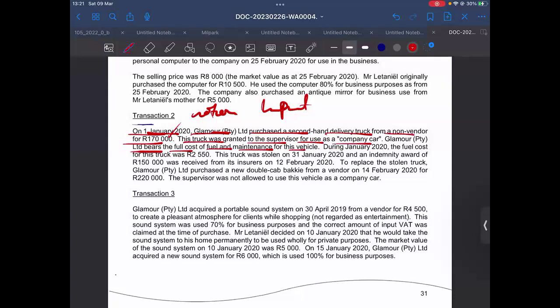What is it? They purchased the second-hand car and they gave it to the supervisor. We have a fringe benefit. A fringe benefit is also a deemed supply. We are going to have VAT output on this fringe benefit, which is called use of company car.